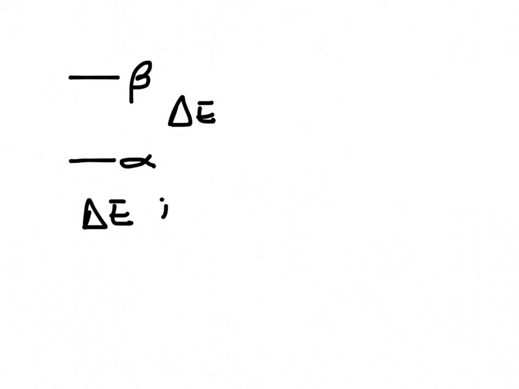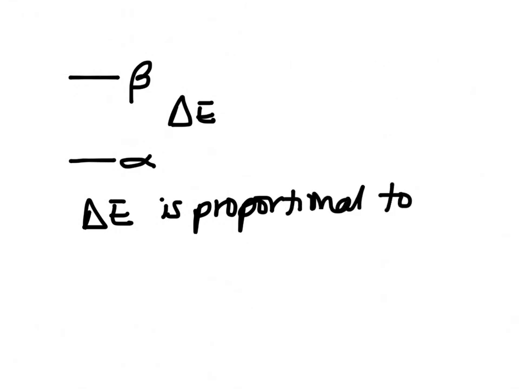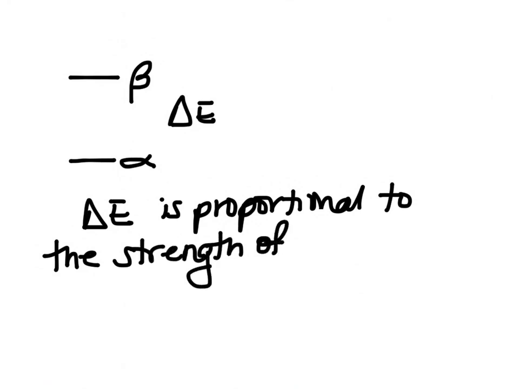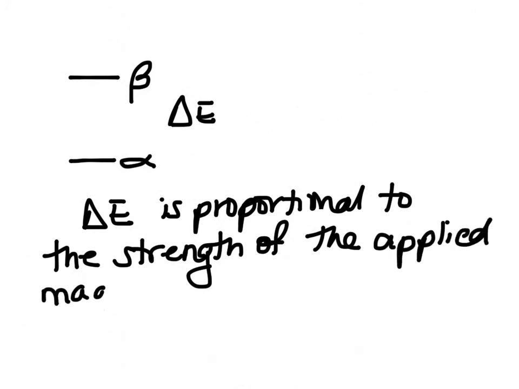Now if we look at the difference in energy between alpha and beta, which is delta E, it is proportional to the strength of the applied magnetic field.